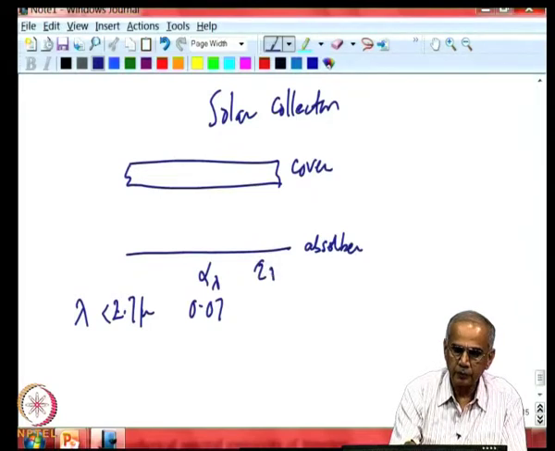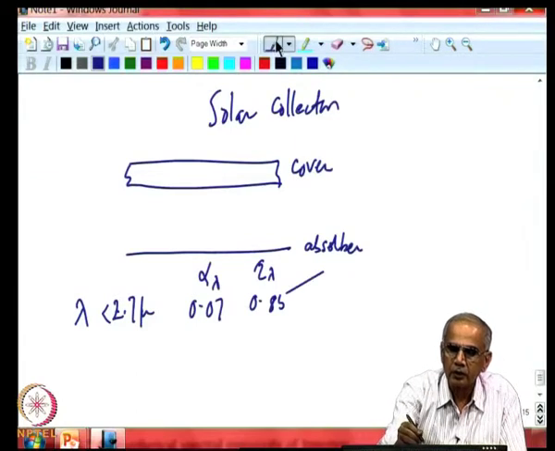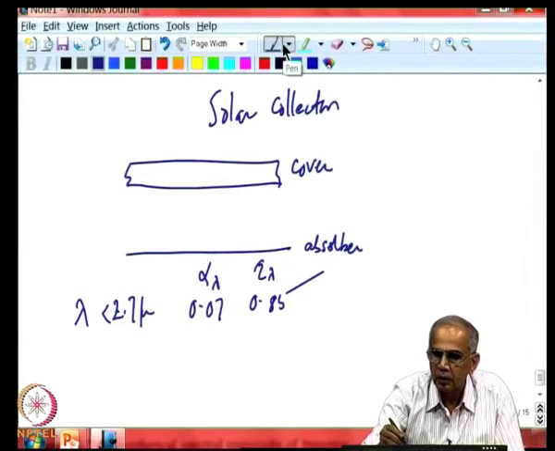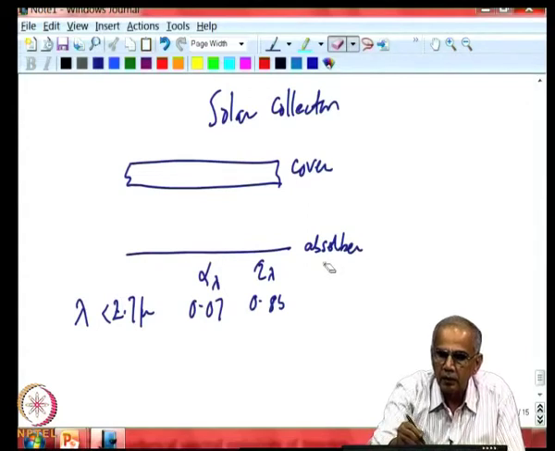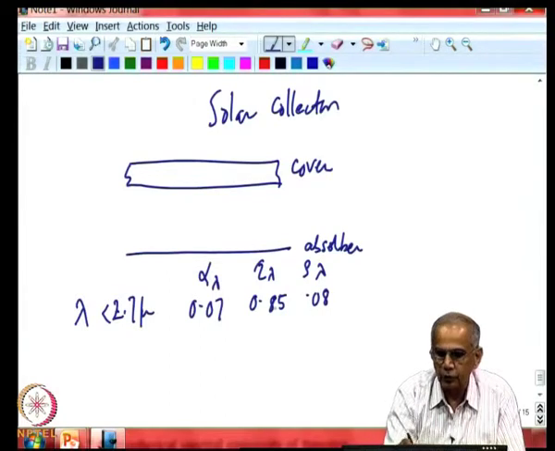Transmittivity transmits most of the radiation in this region below 2.75, and reflection, which is bound to occur, is of the order of 0.08, sum is equal to 1.